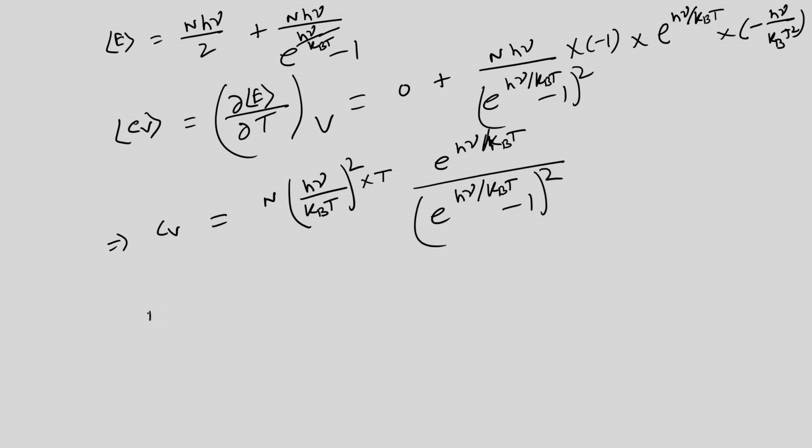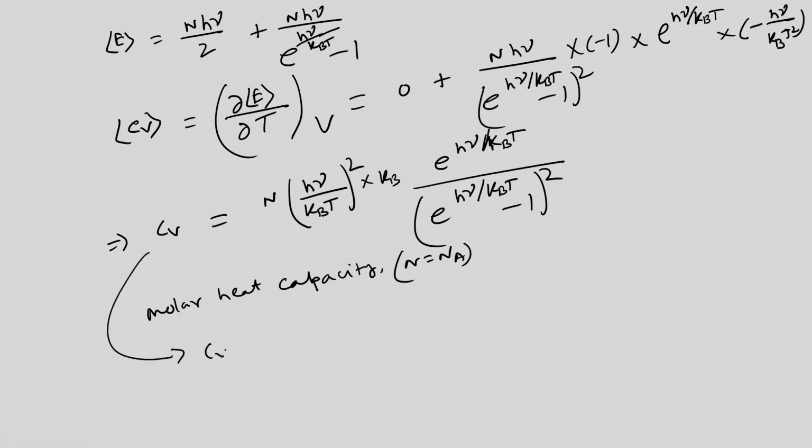Now, for molar heat capacity, n equals N_A, we write C_v is N_A times k_B.